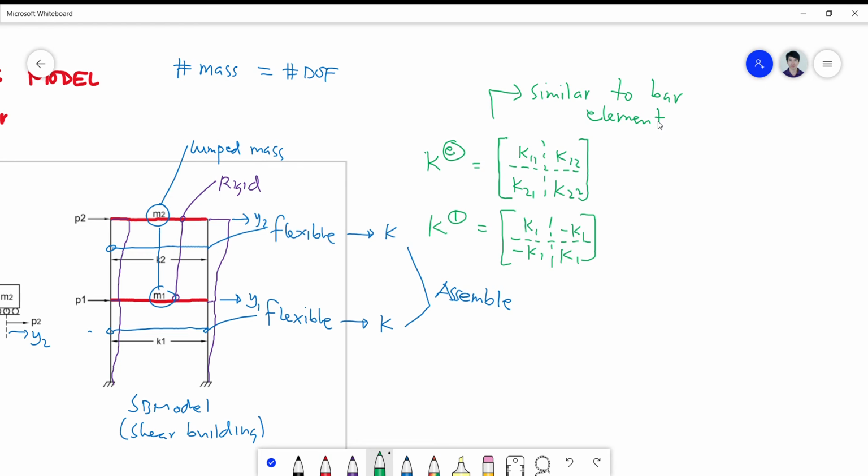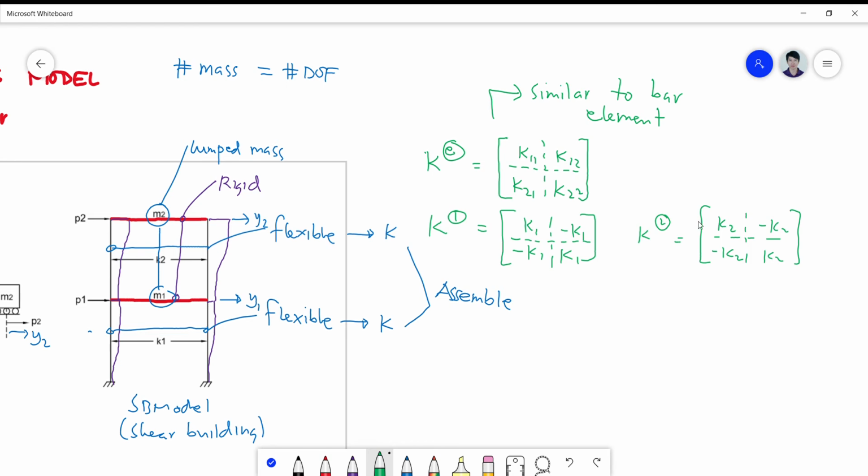So how do we now assemble, of course, for K2 of element 2, this is simply K2, negative K2, negative K2, K2, okay?